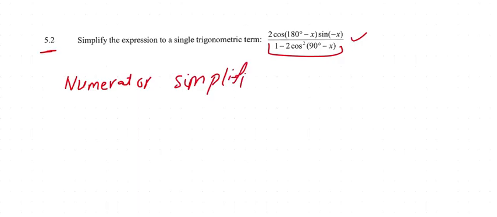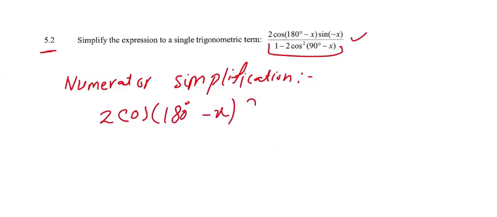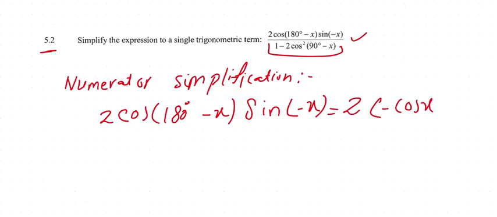The numerator is 2 cos(180 degrees minus x) sin(minus x). It equals 2 into minus cos x into minus sin x.